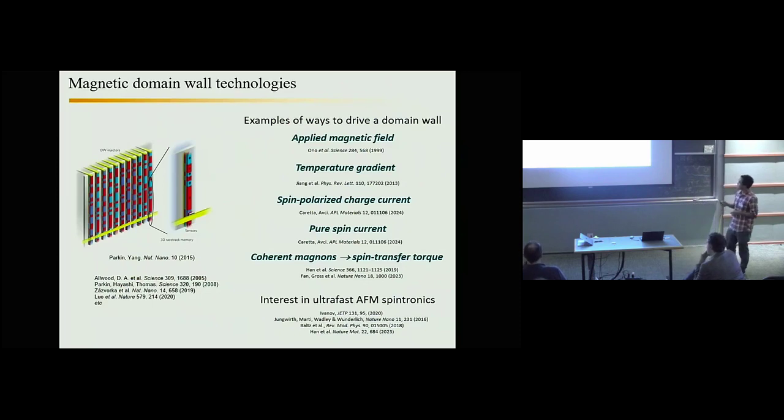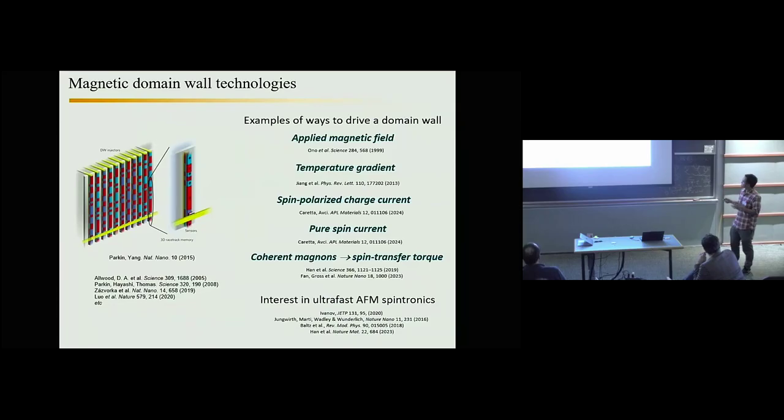On the application side, there are really interesting ideas like Stuart Parkin's racetrack memory idea, where you encode ones and zeros in different magnetic domains that you then push down 1D wires. And on the fundamental physics side, there's also been a lot of activity attempting to understand different mechanisms by which you could drive magnetic domain walls.